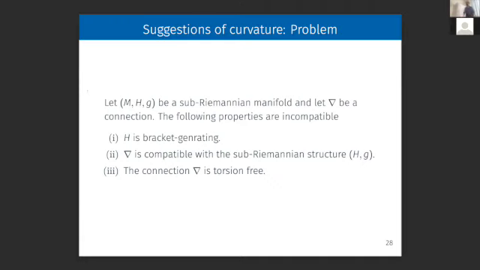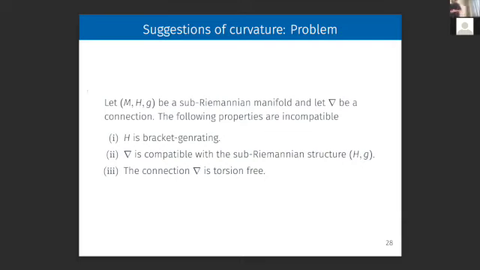So let's try to find some way of talking about curvature of these spaces. And the problem is that we have these three conditions listed here that we would very much like to have in order to do exactly the same as for Riemannian manifolds, but they are incompatible.